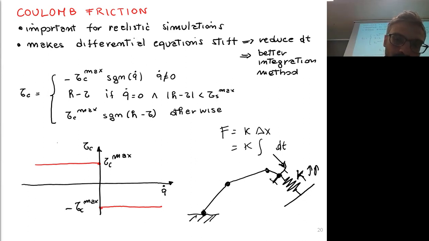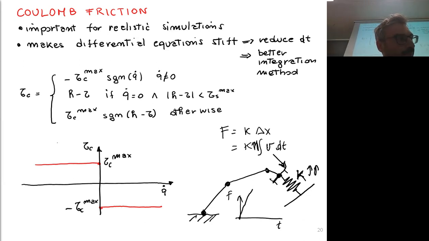So if you have a very high stiffness, it means that if we approach the contact with very high speed, you will get a very high derivative. The force will build up very fast with respect to time.